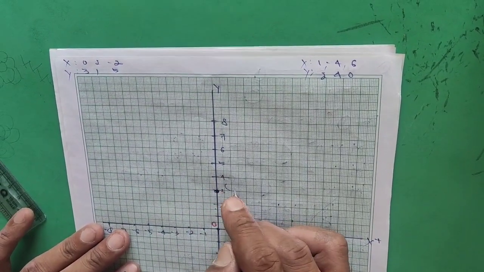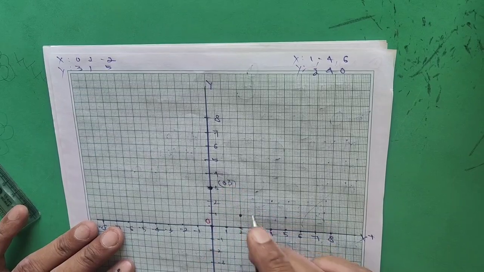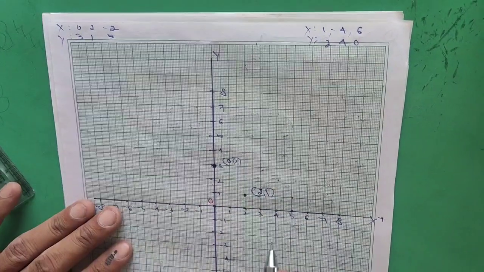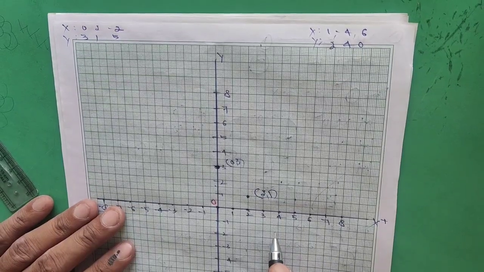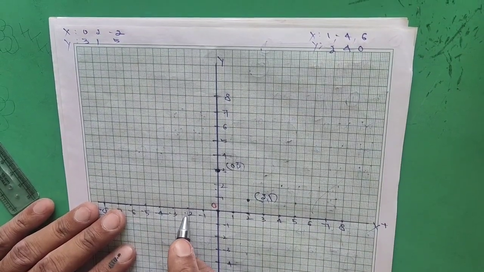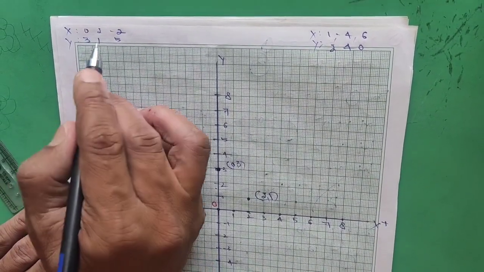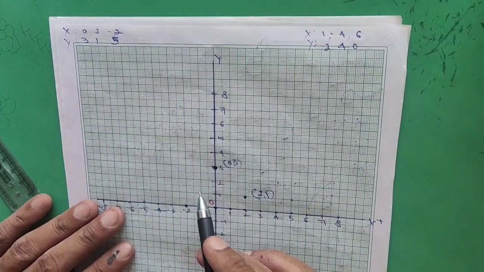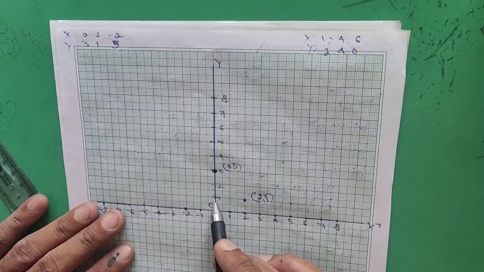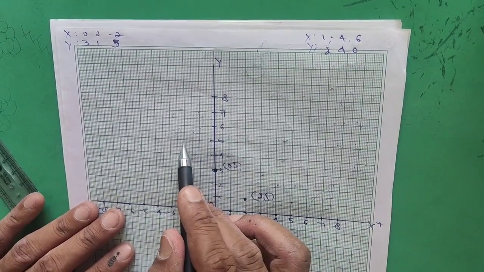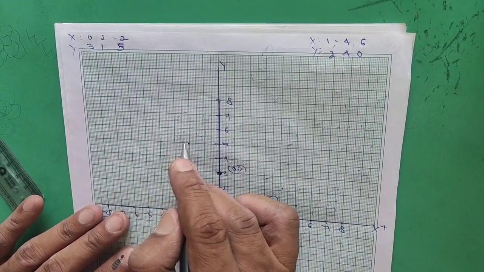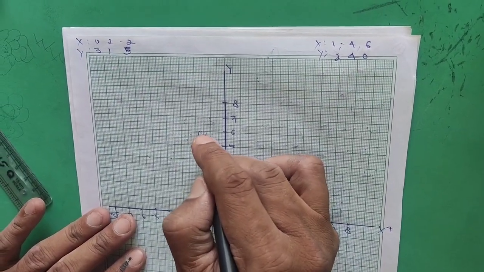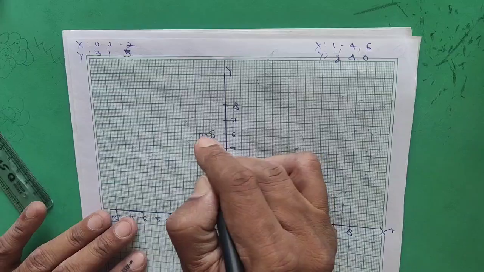This point is (0, 3), this point is (2, 1), and third point is (-2, 5). X is minus 2, so left hand side of the origin, and y is plus 5, so above the origin: 1, 2, 3, 4, 5, and this point is here.